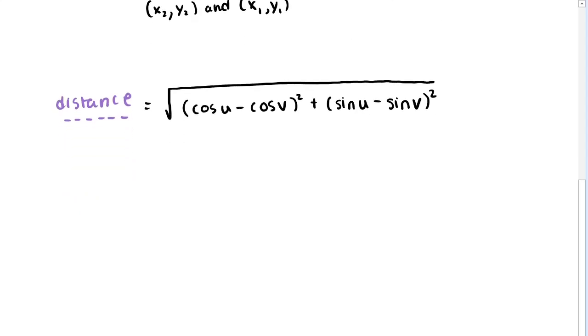And let's simplify this a little bit. Let's square these expressions out. Whenever we square a binomial like this, we're going to get the square of the first term, so cosine squared of u. We're also going to get the square of the second term, so plus cosine squared of v. And we're going to get 2 times the product of the two, so minus 2 times cosine of u times cosine of v.